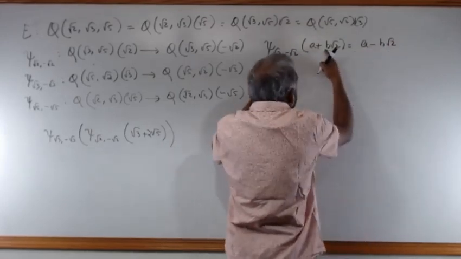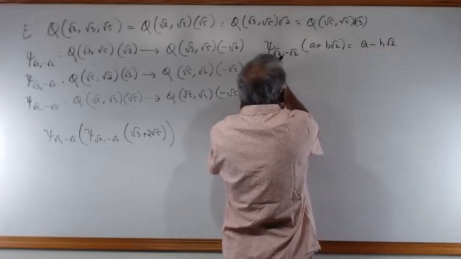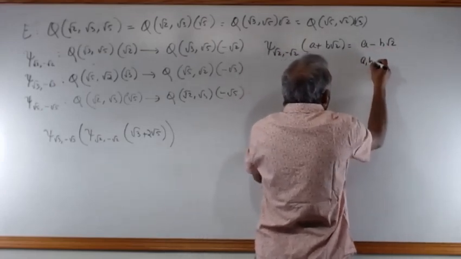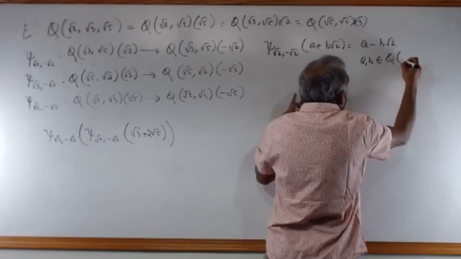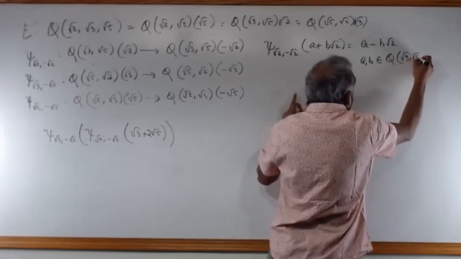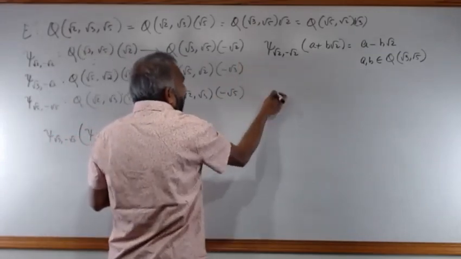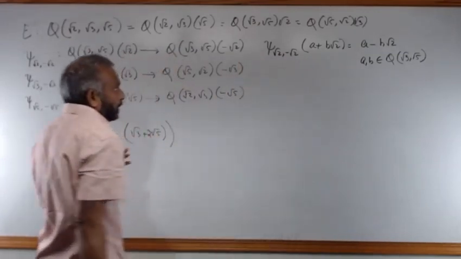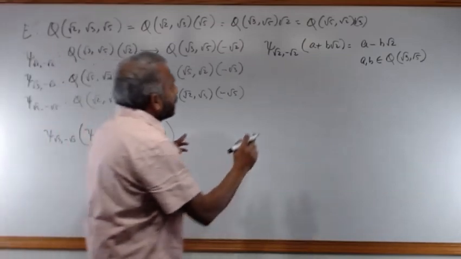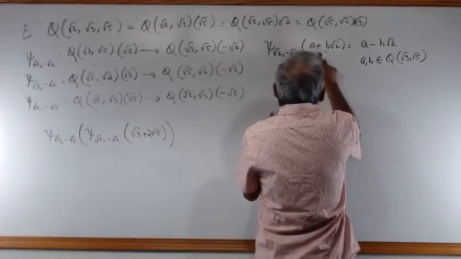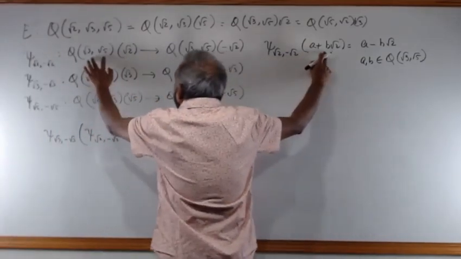But this a and b are not from Q. This a and b are from Q of root 3 comma root 5. Similarly, I am not going to say everything here, but this is what is going to be. The difference is only the scalars. The scalars are coming not from Q, but from this.